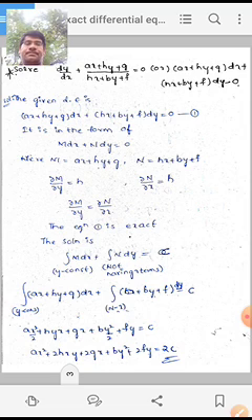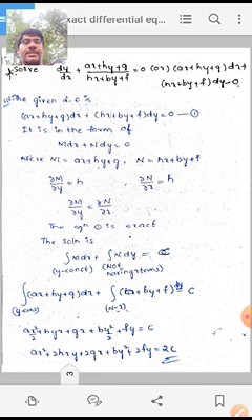The integration of x is x square by 2, plus hy, integration of 1 is x, plus g into integration of 1 is x, plus b y square by 2 plus fy is equal to c. We are getting ax square plus 2hxy plus 2gx plus by square plus 2fy is equal to 2c. This is the solution of the given differential equation.